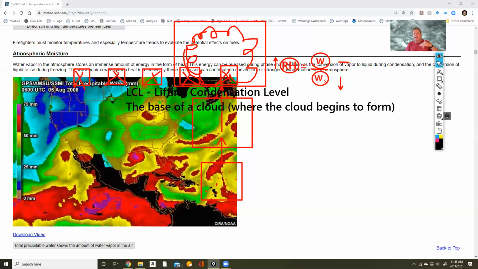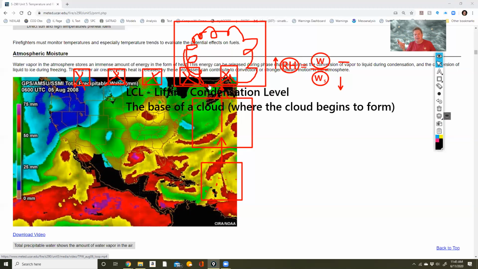Eventually, the relative humidity hits 100%. We say that the air is saturated. The air has as much water vapor as it can possibly have. If I continue to lift the air, that box continues to have a lower pressure, it expands and cools, and this time that cooling results in a drop in the capacity, which forces water vapor to turn into liquid.